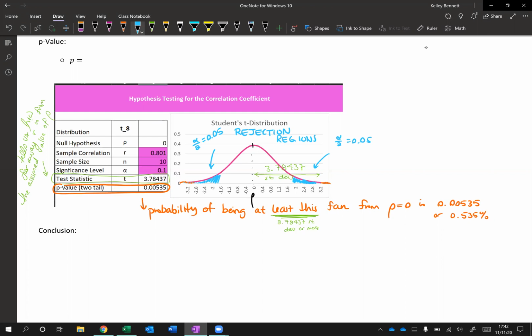And so certainly our sample correlation R fell within the rejection region.